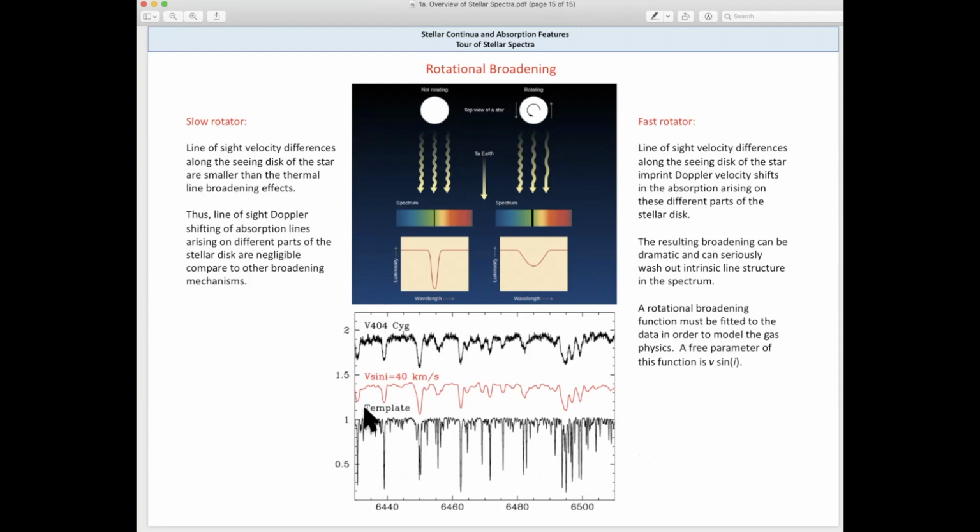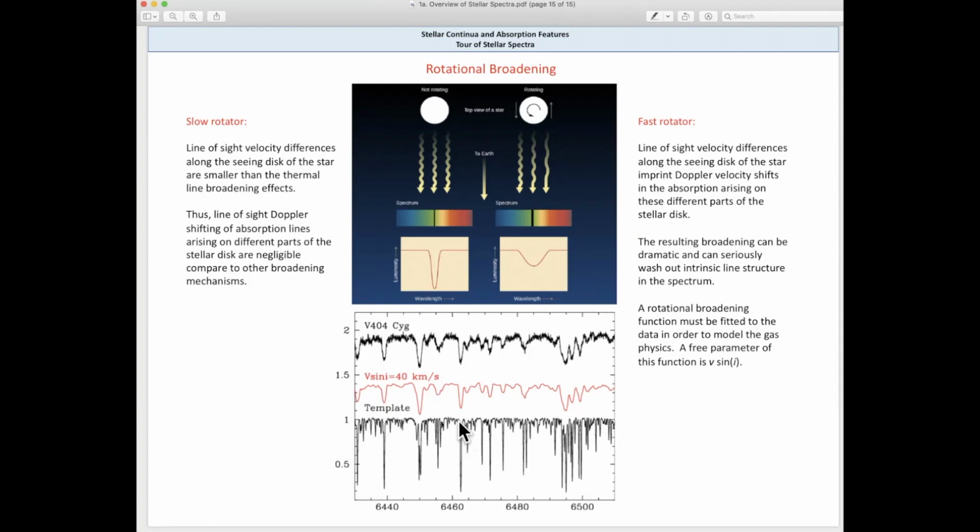Here is a function that you can convolve with a rotating star with V sin i of 40 kilometers per second. It's rotating such that the projection of velocities is 40 kilometers per second. You don't know how tilted the star is, you just know the line of sight component of the velocities is 40 kilometers per second.